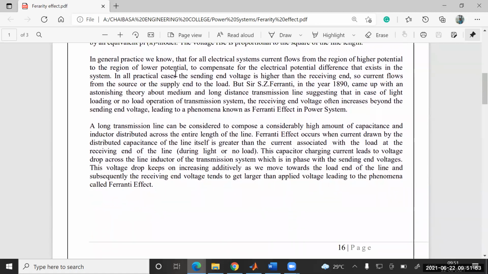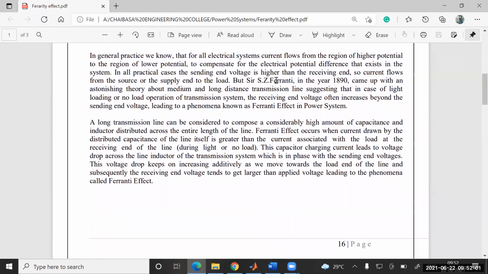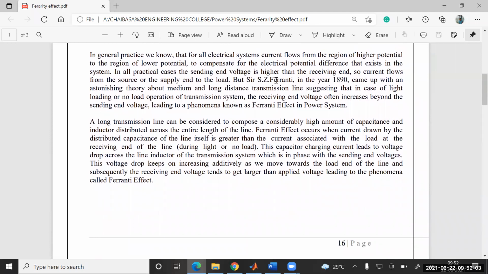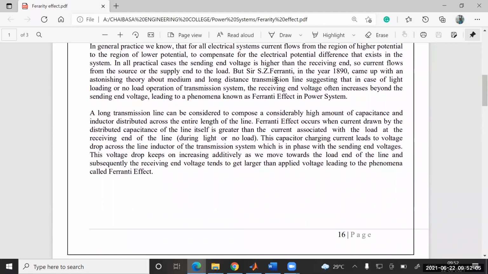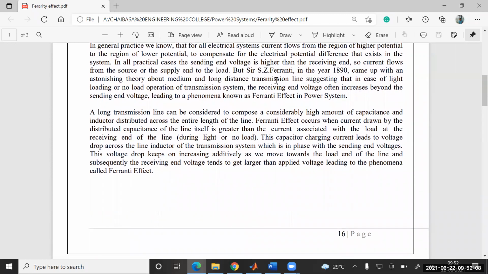Now, in general practice, we know that in all electrical systems current flows from the region of higher potential to the region of lower potential, to compensate for the electrical potential difference that exists in the system. In practical cases, the sending end voltage is higher than the receiving end voltage.